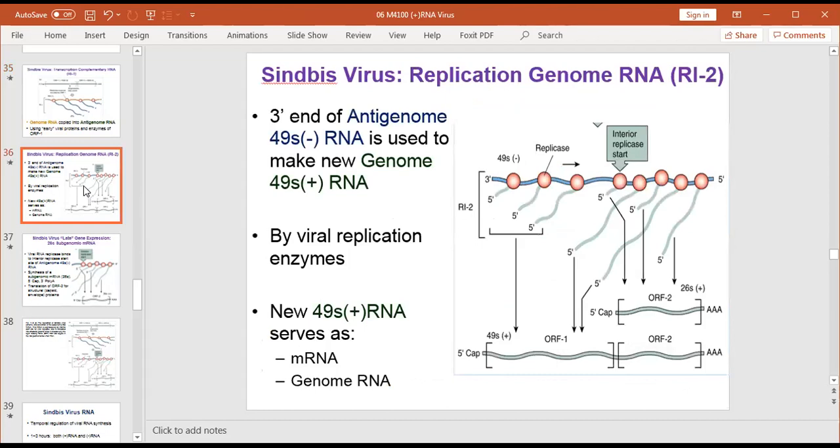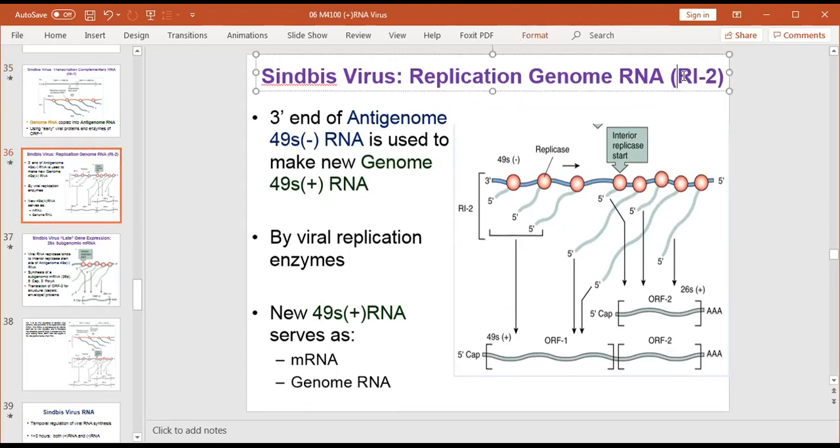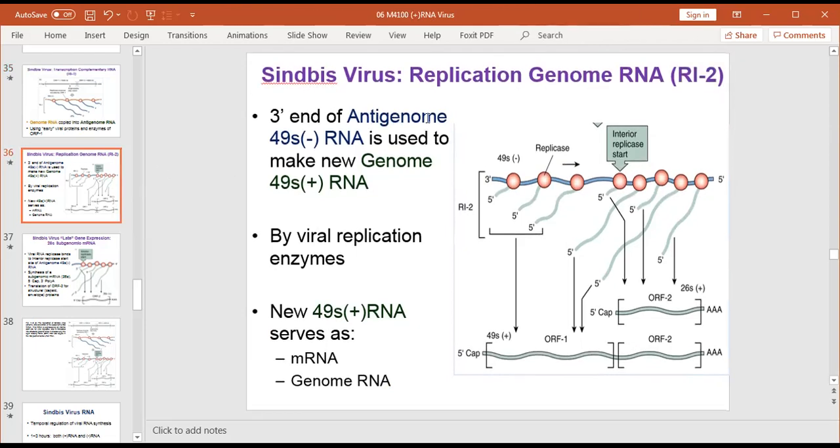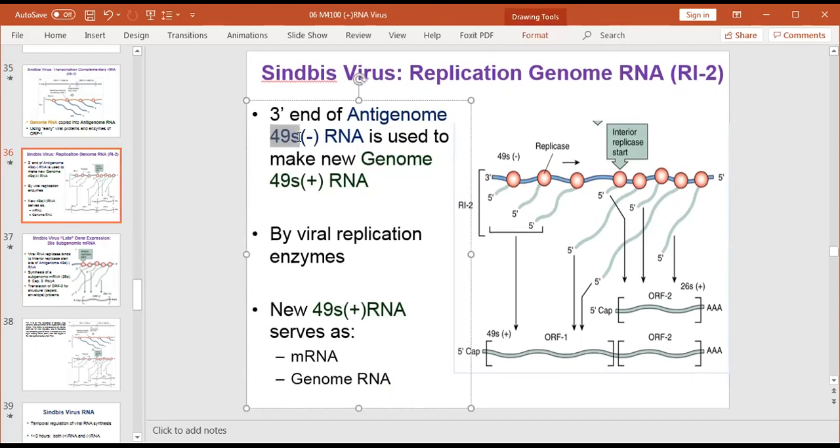Slide number 36, Sindbis virus replication of genome RNA. The 3' end of the anti-genome that we made during the first phase, which is the 49S negative RNA strand, is used to make more genomic RNA, which is the positive sense.